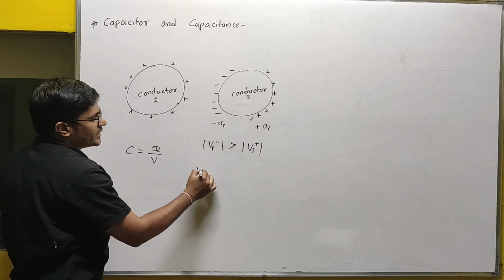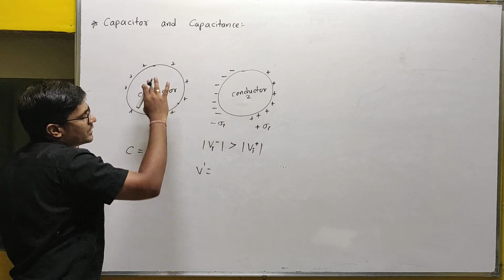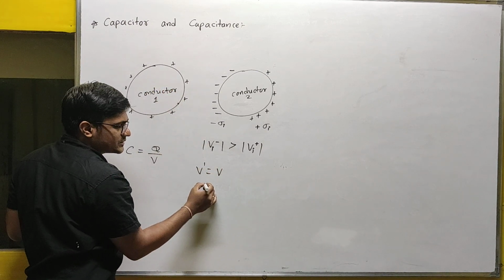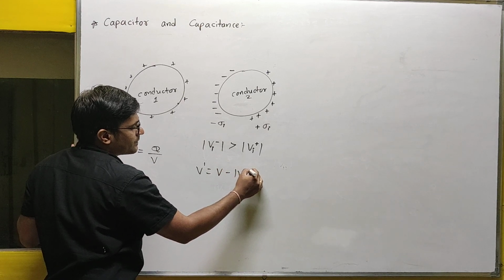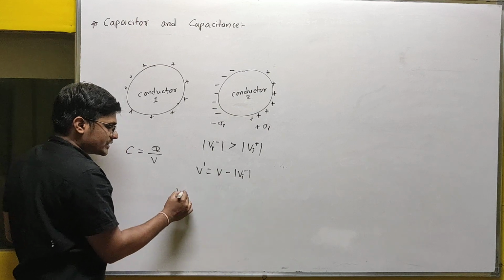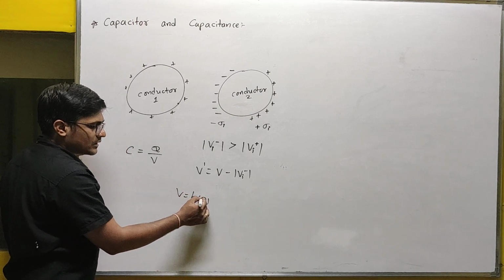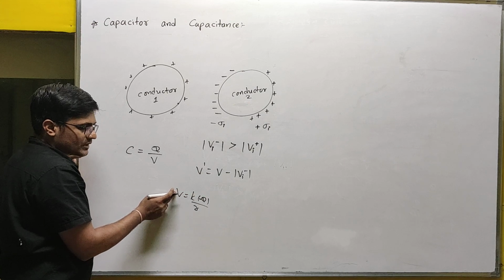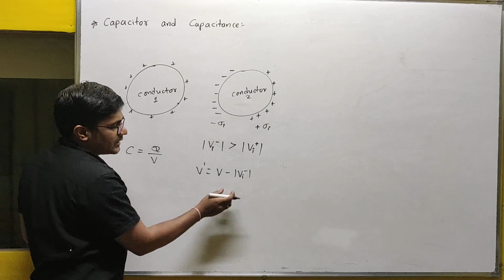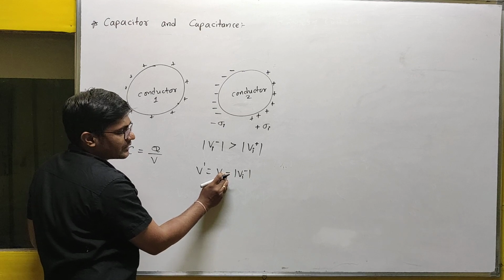Now the potential on conductor 1 is due to its own charge and due to the negative charge. Because of the negative charge, the potential is negative because the Q is minus Q. So this is minus V. This potential is negative, so I am writing the magnitude and the negative sign here.